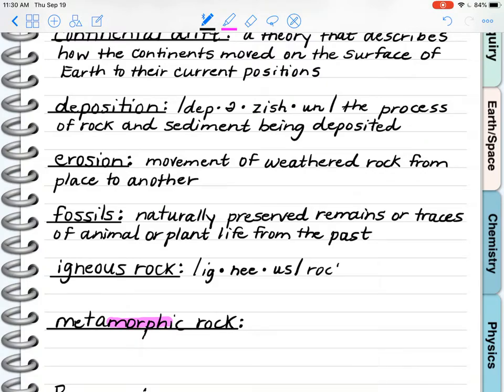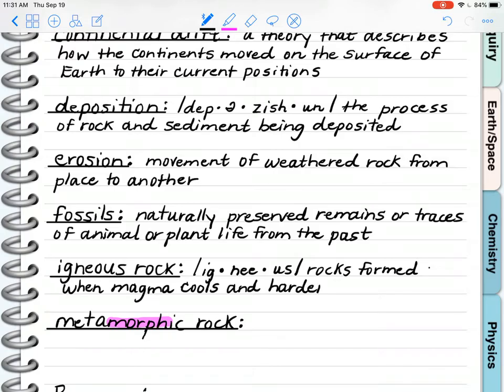And these are rocks that form when magma, which is melted rock, or lava, cools and hardens. So think about a volcano erupting, the lava comes out, and as it cools, it hardens. That lava hardens back into solid rock.